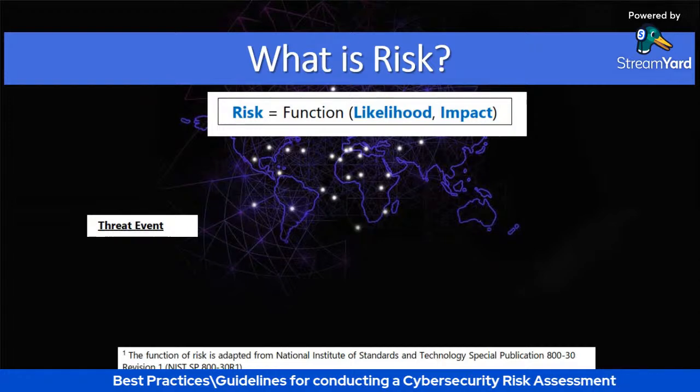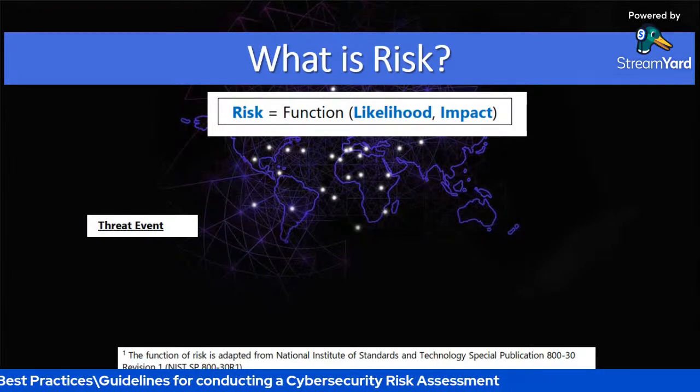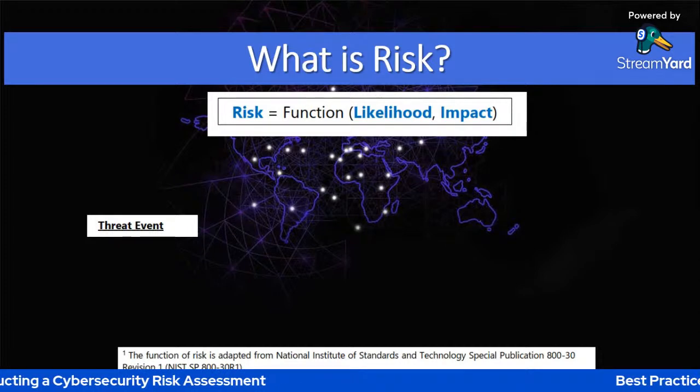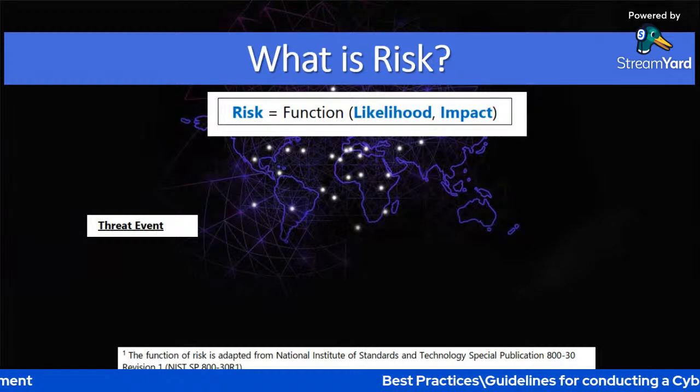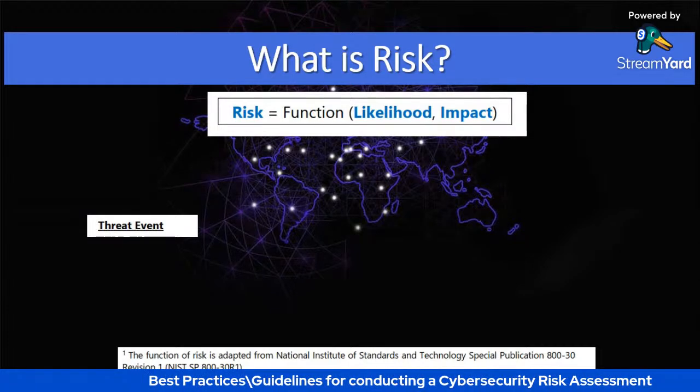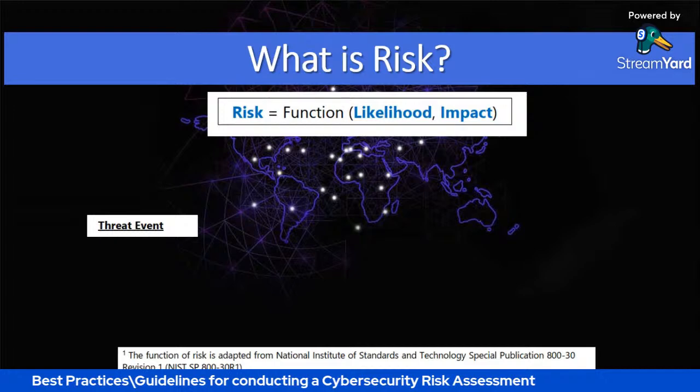Now, in the context of cybersecurity, threat events can be characterized by the tactics or TTPs, so that is tactics, techniques, and procedures employed by threat actors in order to carry out their various malicious attacks.